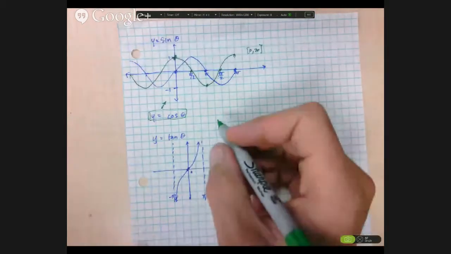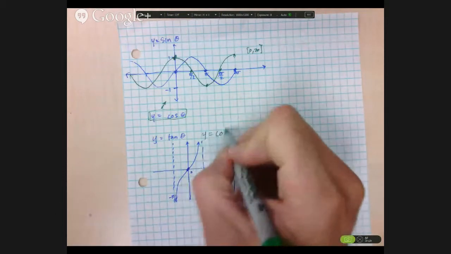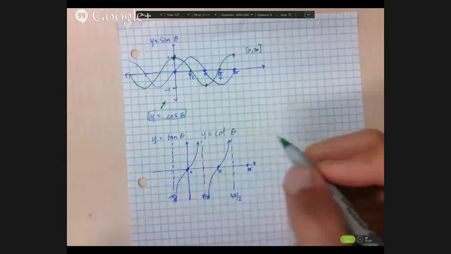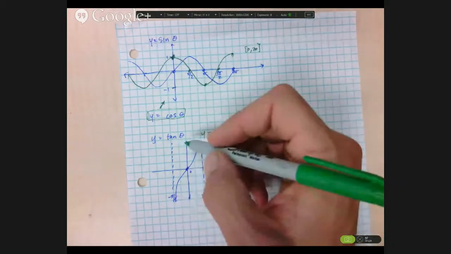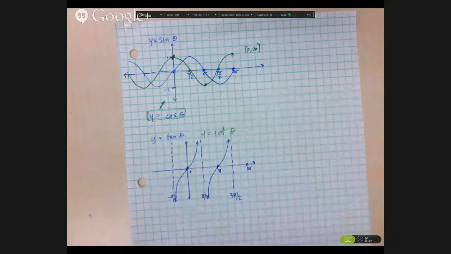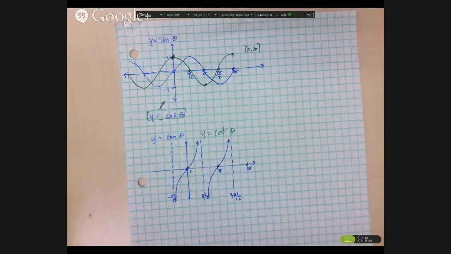Okay. I'm going to do cotangent here as well, in green. Right. And it's literally what you would think of it. You know what, let's change that. I'm going to do secant here.